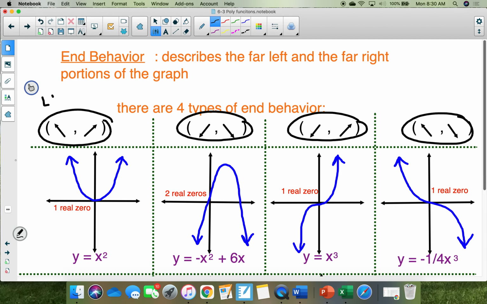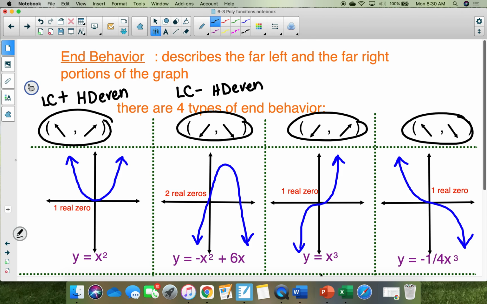Your leading coefficient is positive and your highest degree is even. If they're both facing down, your leading coefficient is negative and your highest degree is even.